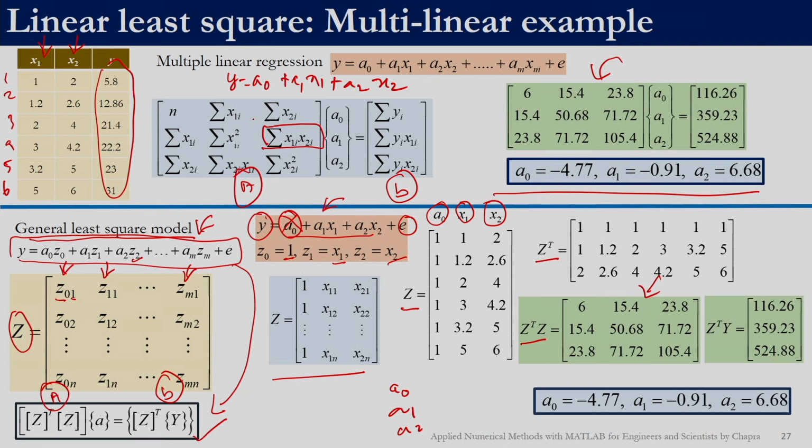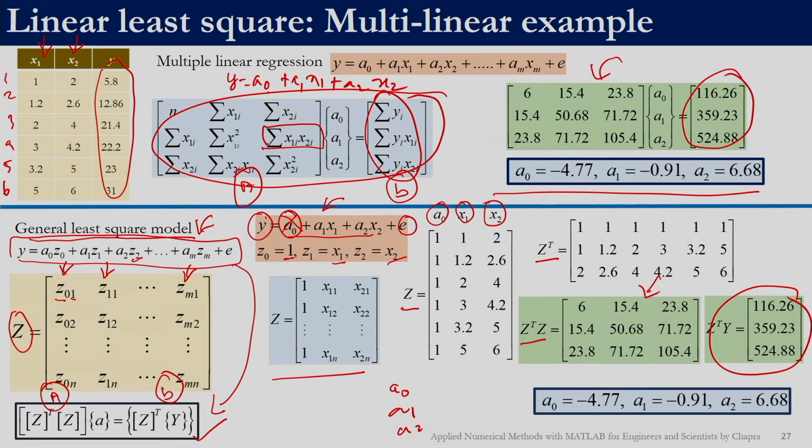So, without computing all these terms over here, right, we can directly get it by doing Z transpose Z, right. Similarly, for the right hand side vector, instead of computing this, we can merely do Z transpose Y, right. Y is the set of values which we have got for the dependent variable. So, if we do Z transpose Y, again we will get 3 rows and 1 column, a column vector, and this value will be similar to what we have over here.